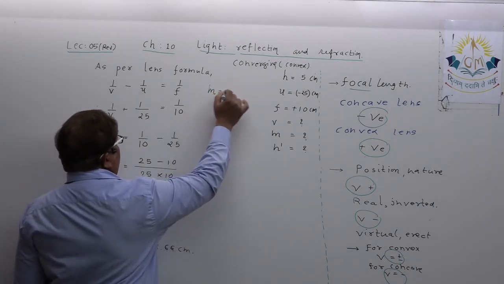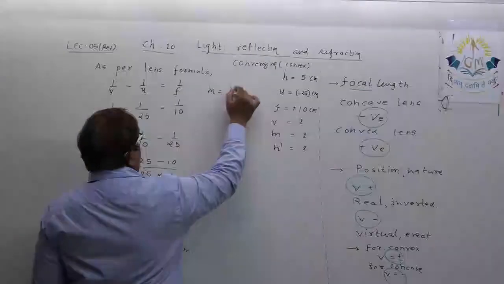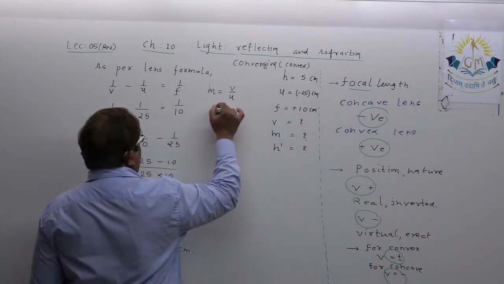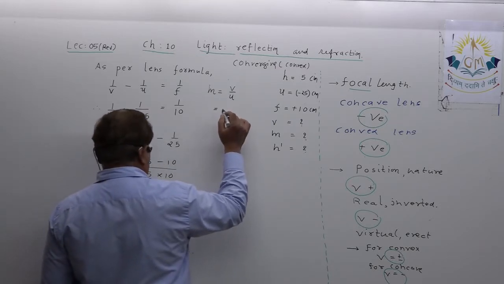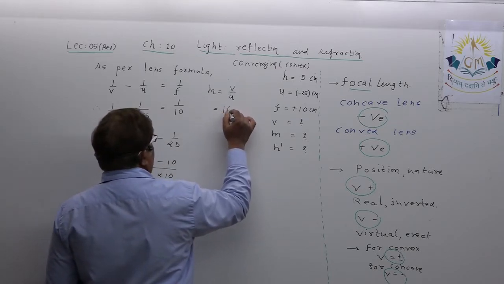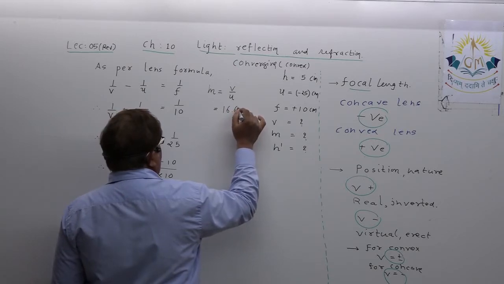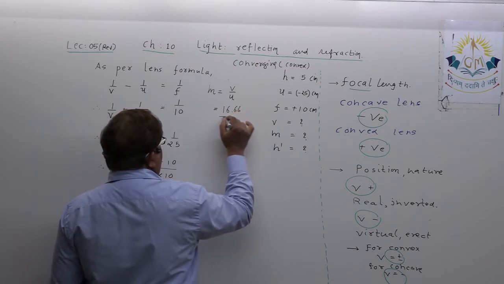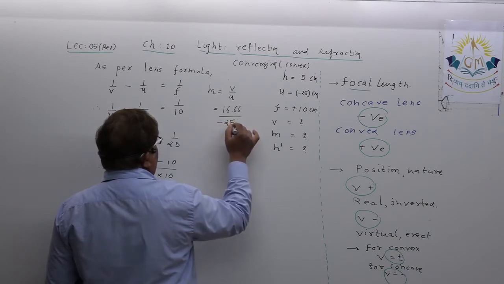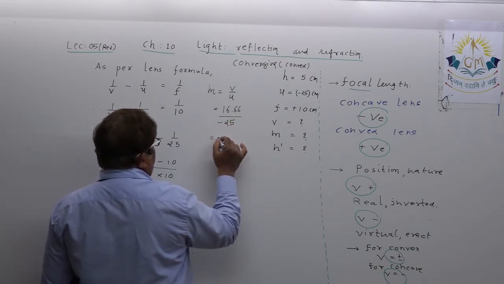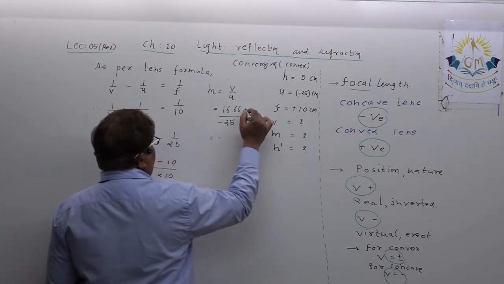M equal to V upon U. V, that is 16.66. This is minus, so obviously it is going to be minus.